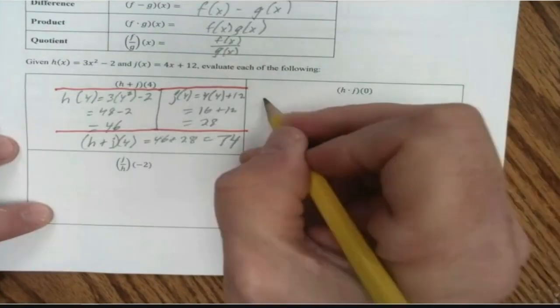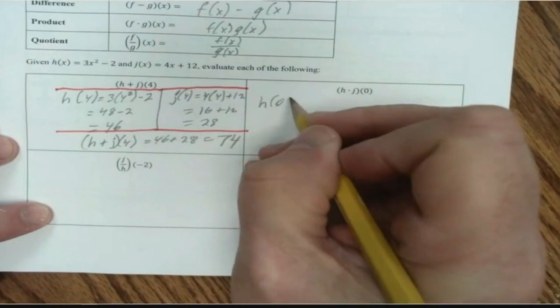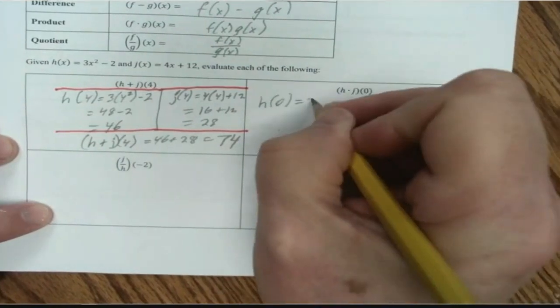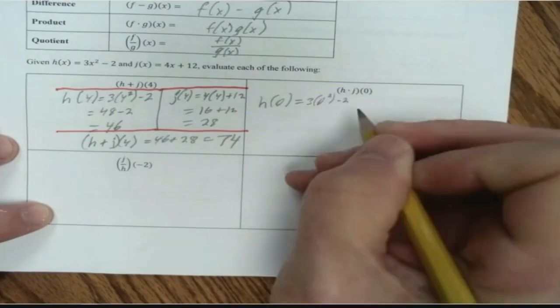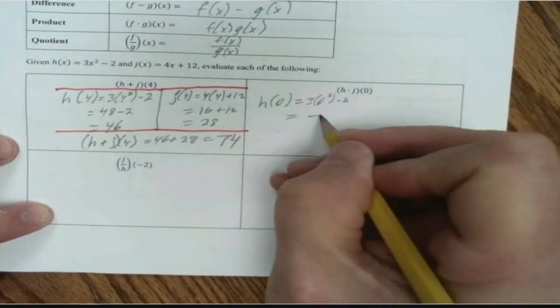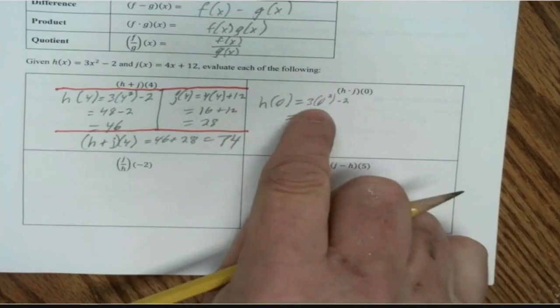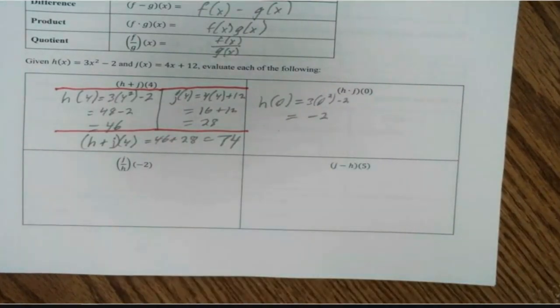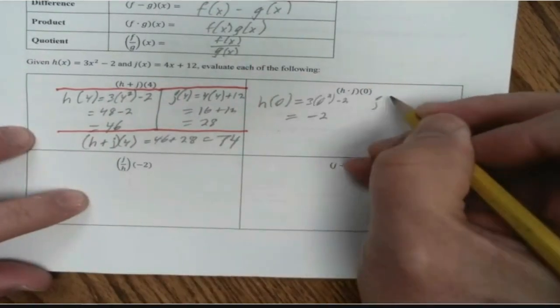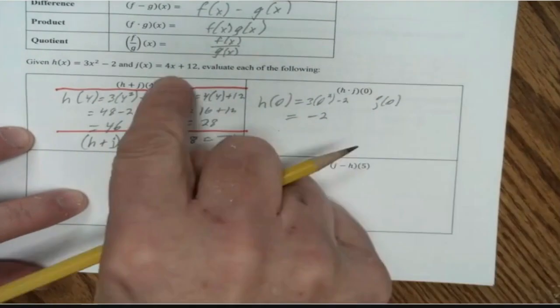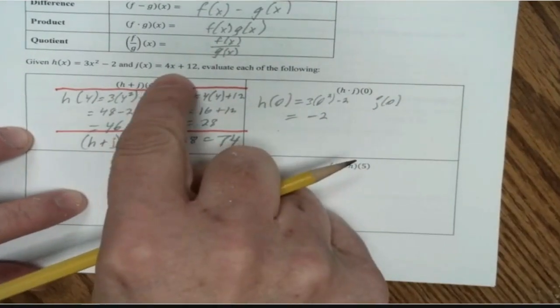I'll start it out for you. H of 0 equals 3 times 0 squared minus 2. So that just equals minus 2, right? Because there's a 0 being multiplied in there. Everything's just 0. J of 0 would be 4 times 0, which is just 0.